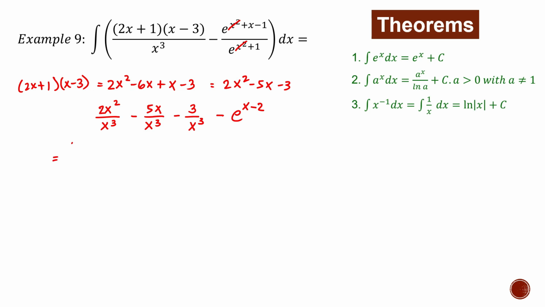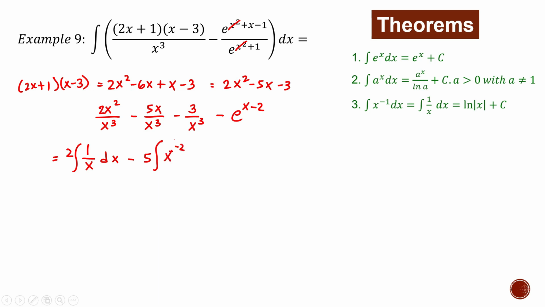So this is equal to the integral of, I'm going to take that out, that too. And then x squared over x cubed is 1 over x dx minus 5. This is just 1 over x squared, or that will just be equal to x raised to negative 2.